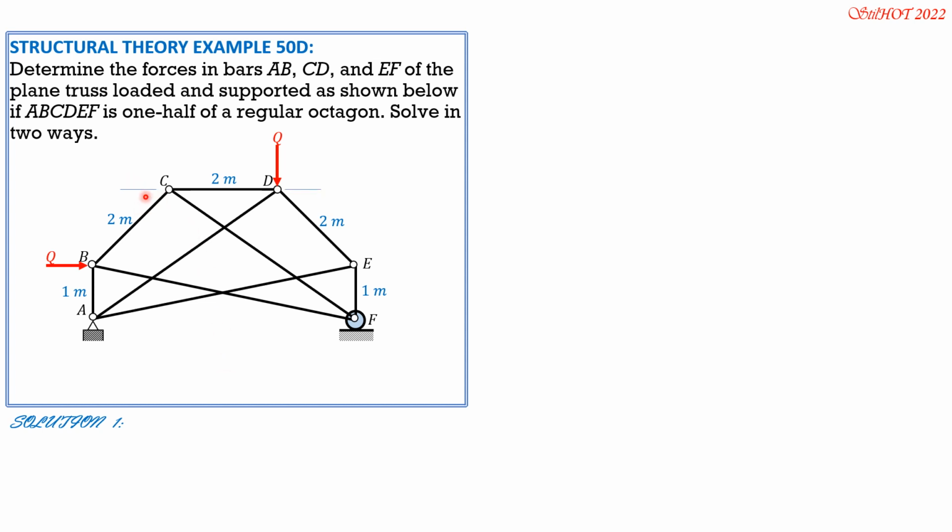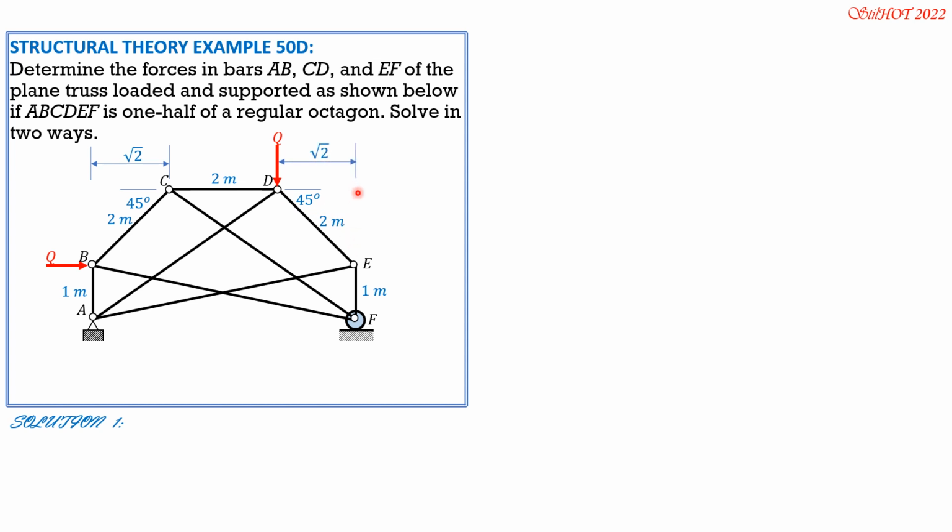So this angle is 45 degrees. Remember, for a regular octagon, this is also 45 degrees. Then the other members make an angle of the same, so these two are equal. So this distance is 2 meters times cosine of 45, so that's square root of 2 meters.